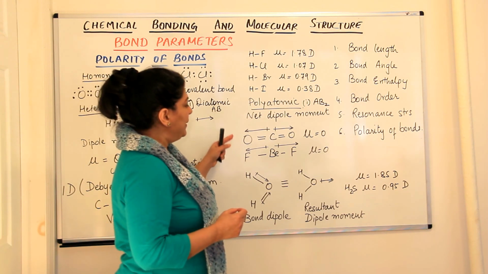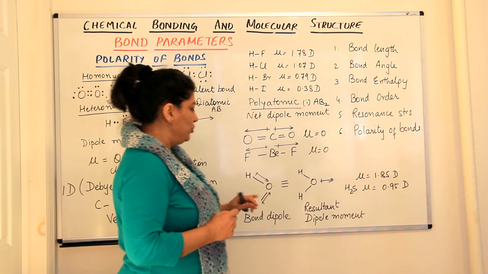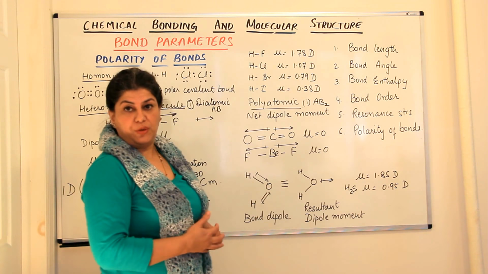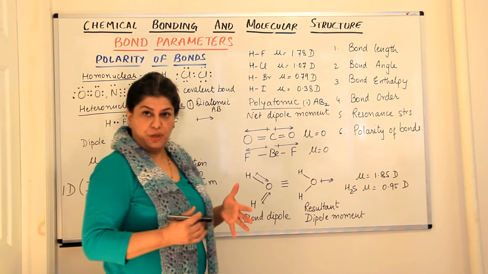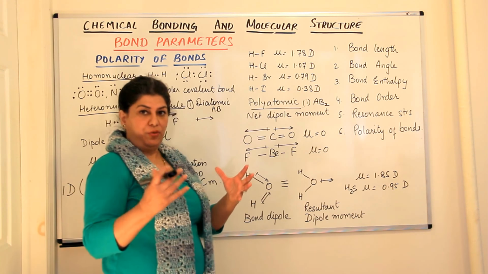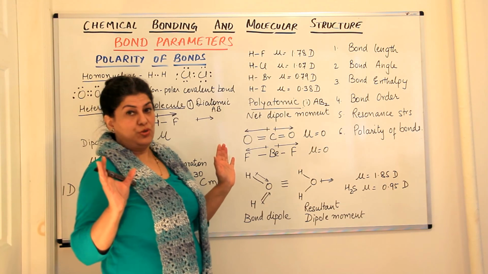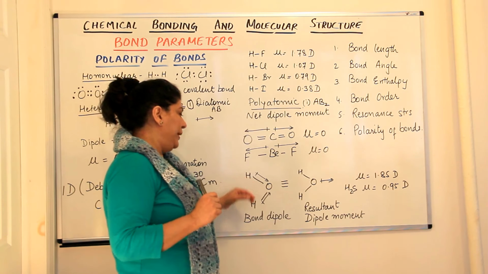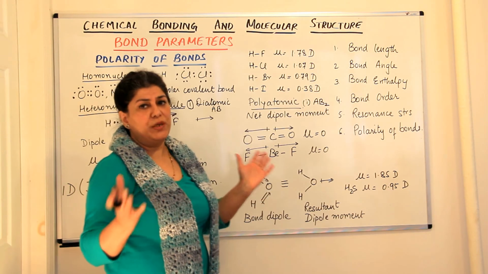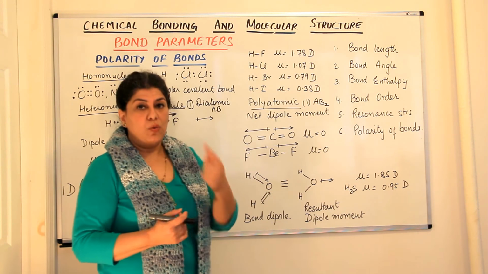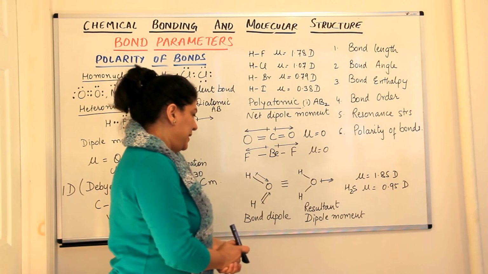Now let us come to another molecule, which is again the AB2 type, that is a water molecule. Oxygen is the central atom, and the two hydrogens are on the two ends. Although hydrogen is electropositive, it has to be terminal because hydrogen can make only one bond and cannot behave as a central atom.